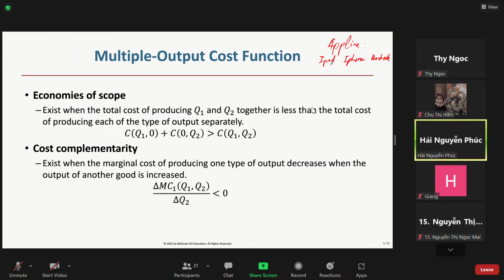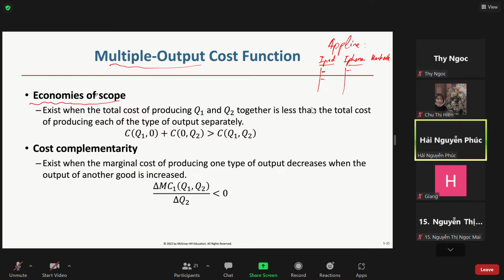And you can see that within a product line, they can produce various models, iPad Air, iPad Pro, and so on, iPhone 13, iPhone 13 Pro, iPhone 13 Pro Max, and so on. So in practice, pay attention to the fact that a firm can have multiple outputs. And if the firms produce multiple outputs, then we are going to analyze the idea of economies of scope.